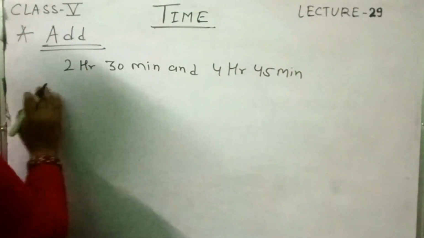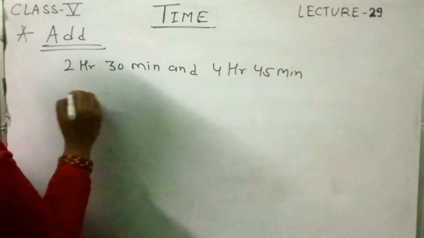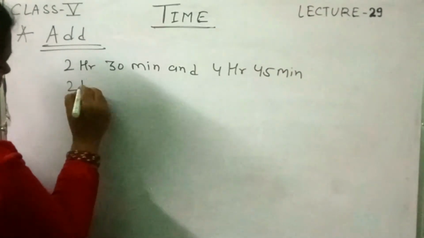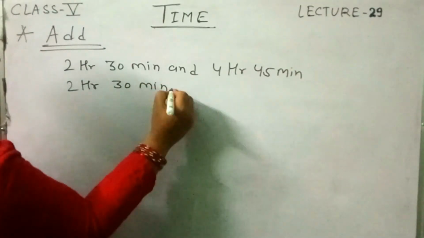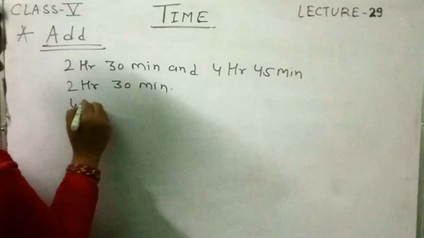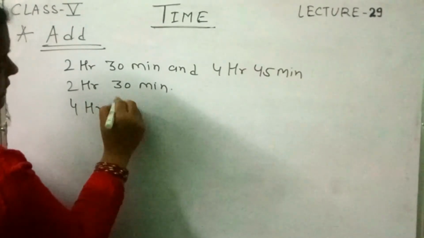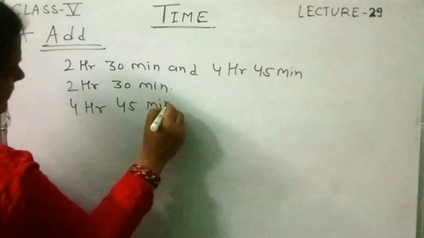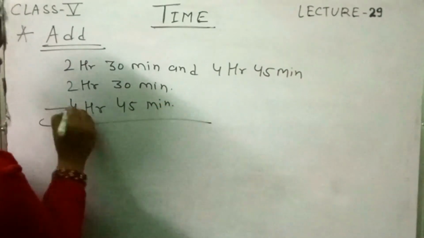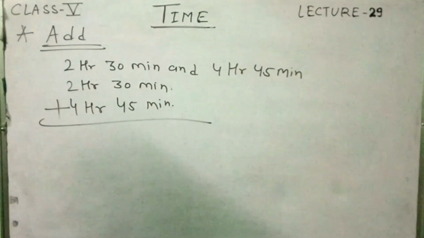Students, first we arrange this number in addition form. Here 2 hour 30 minutes and 4 hour 45 minutes. Give the symbol plus.